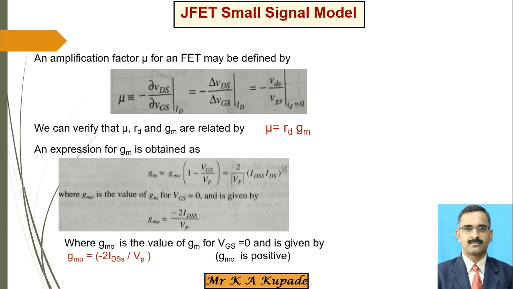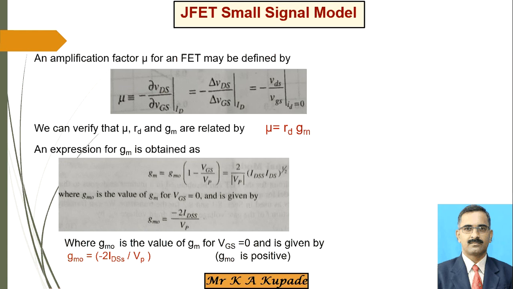From this, GM is equal to GMO into 1 minus VGS upon VP, that is equal to 2 upon mod of VP into the square root of IDSS into ID, where GMO is the value of GM for VGS equal to 0.